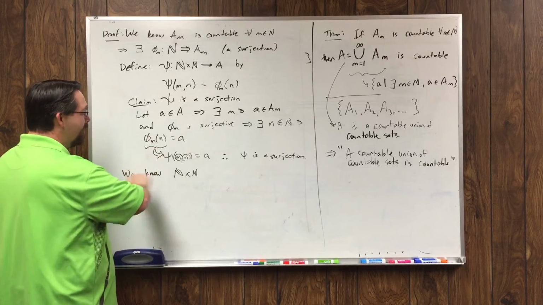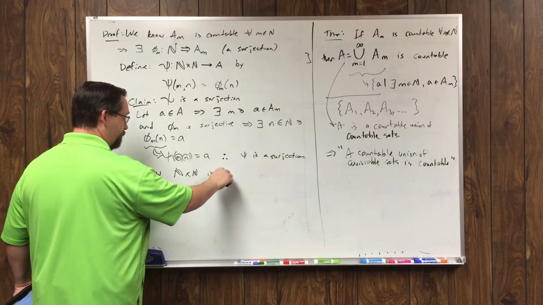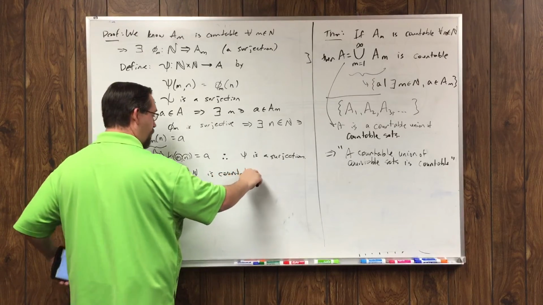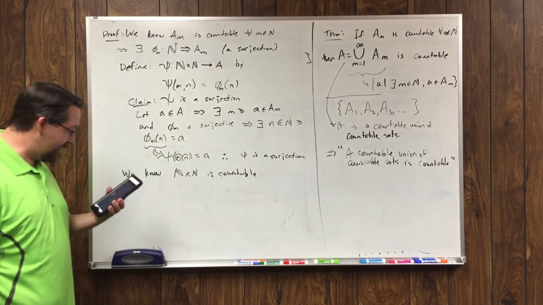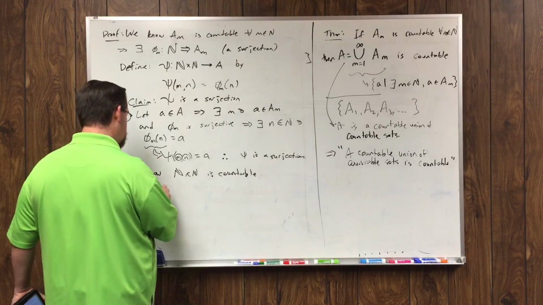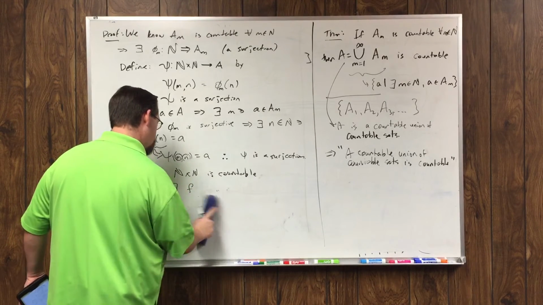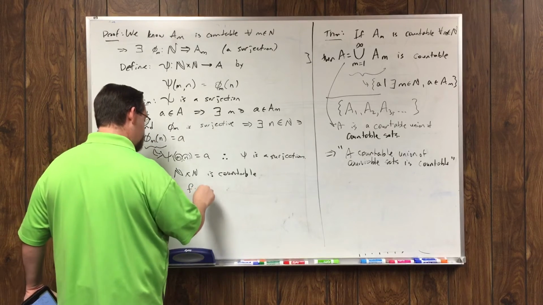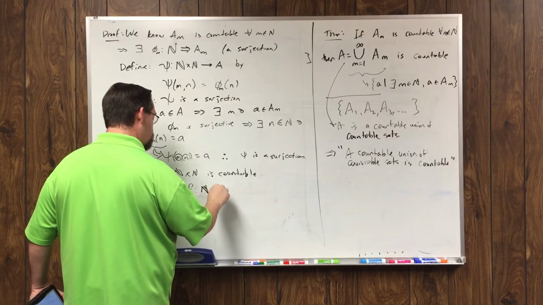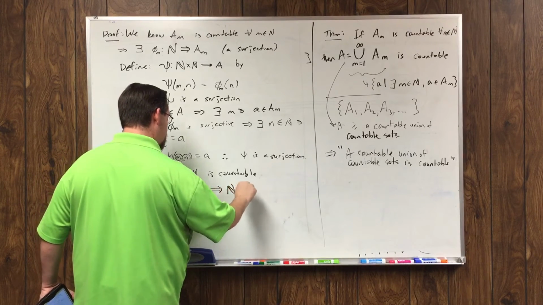But we know this set right here is countable. We've already proven that. And by the previous theorem, there exists a surjection which maps the natural numbers onto that set.